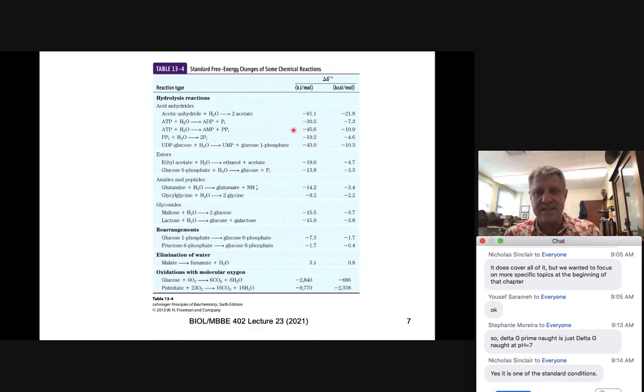Then we can take that PPi, that inorganic pyrophosphate, hydrolyze it again, and produce two molecules of inorganic phosphate, which is negative 19.2 kilojoules per mole. We're going to go through a whole lot of these biological reactions when we look at our metabolic pathways, and I'll continue this after spring break.